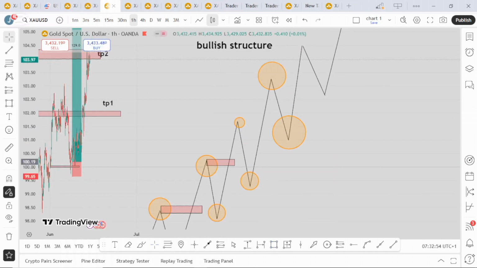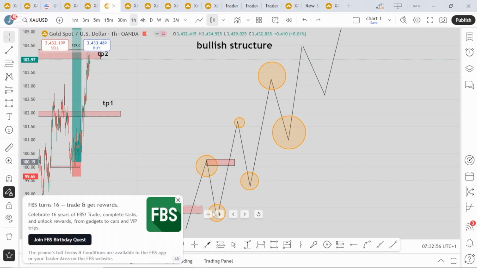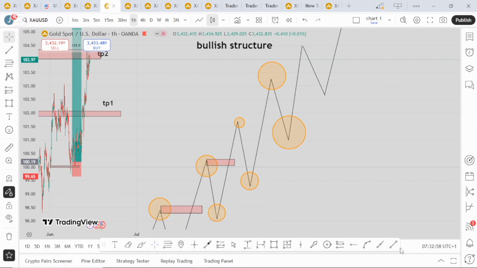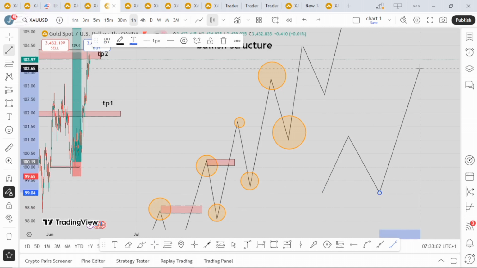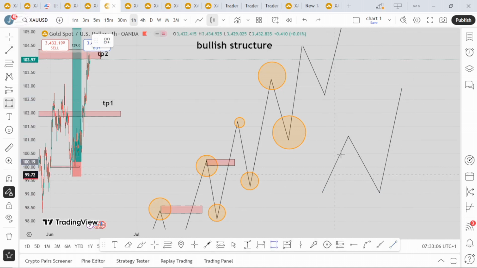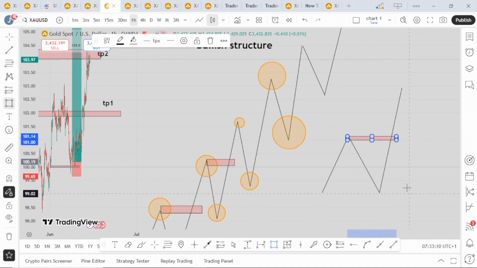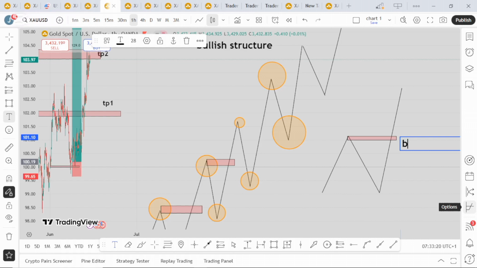A break of structure is simply, for example in a bullish market, when you see price break this previous high. When you see price break this previous high, this zone here is called a break of structure.